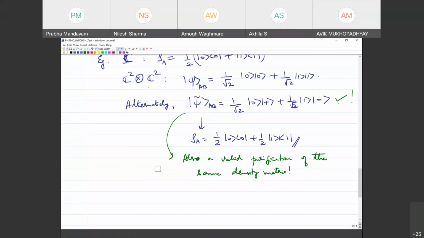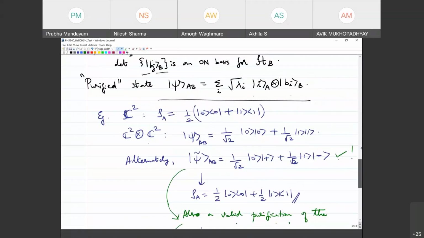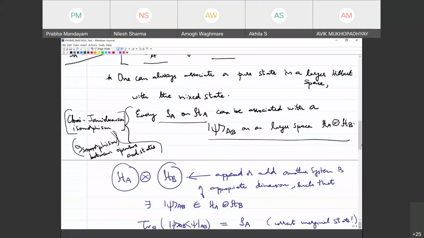Are they unique? So you notice that I only said you can associate a pure state with a density matrix. I did not say that this association was unique, and with good reason.